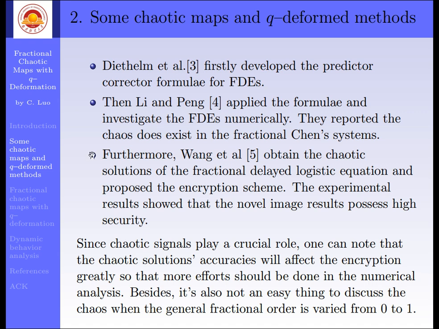They reported that chaos does exist in the fractional chaotic systems. Furthermore, one obtained the chaotic solution of the fractional delayed logistic equation and proposed the encryption scheme. The experimental results show that the encrypted image possesses high security.